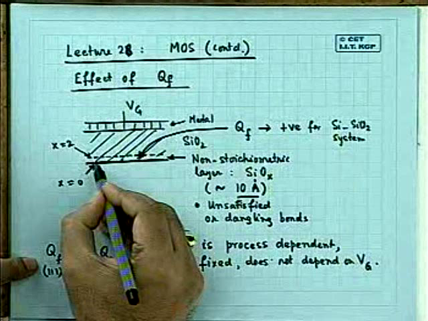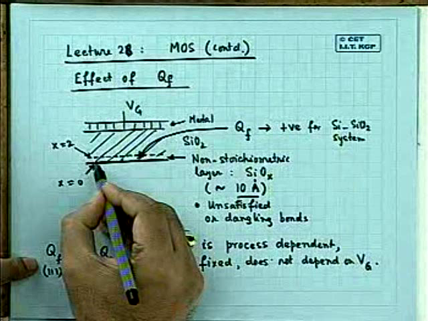Less is that packing density, less will be the value of QF. Therefore, from device point of view, 100 silicon is preferable to 111 silicon. And there is another reason already mentioned earlier, the scribing and breaking is more convenient for 100 rather than 111. Therefore, in production today, nobody uses 111. All VLSI production is based on 100 wafers.